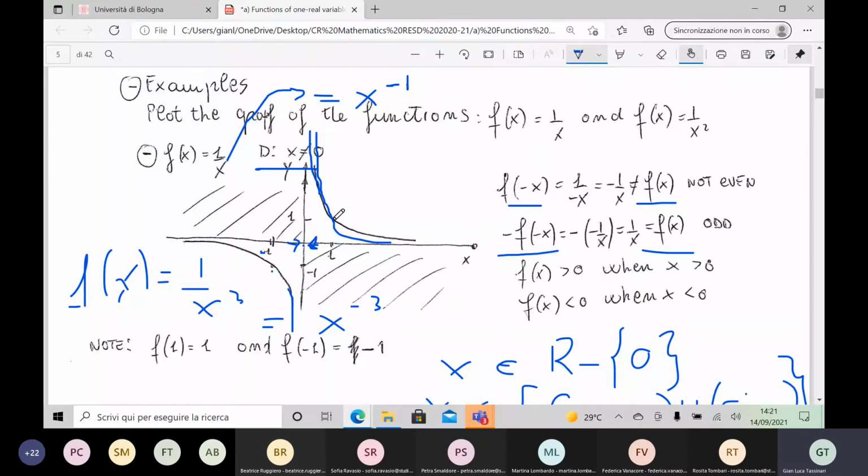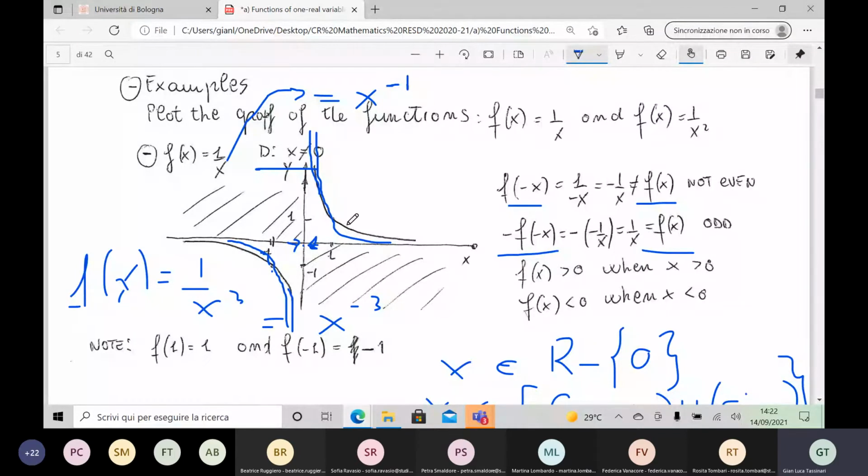It's hard for me. What I want to tell you is that the steepness of the increment as you move in this direction, or the steepness of the reduction if you move in this direction, depends on the exponent.